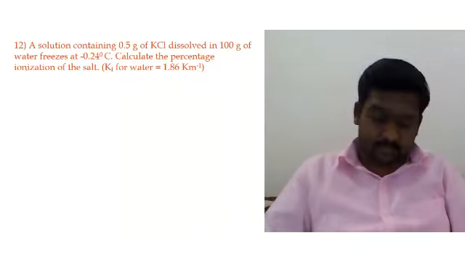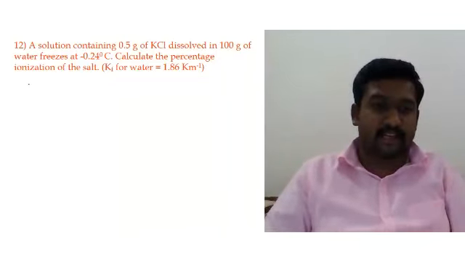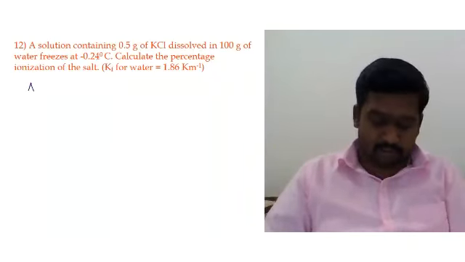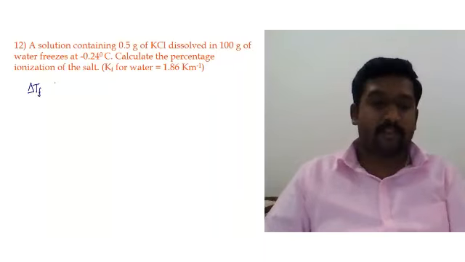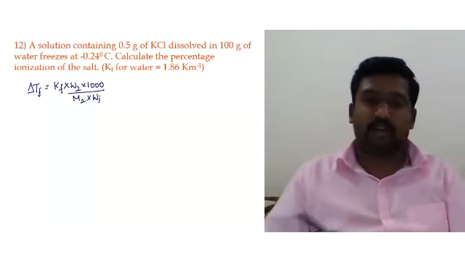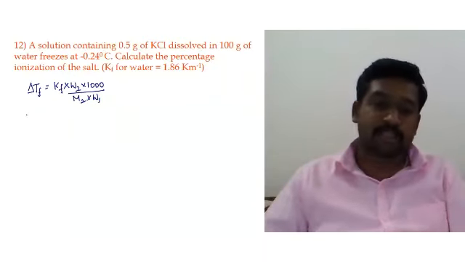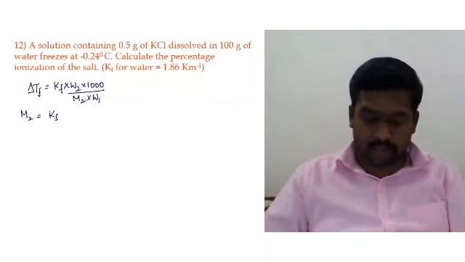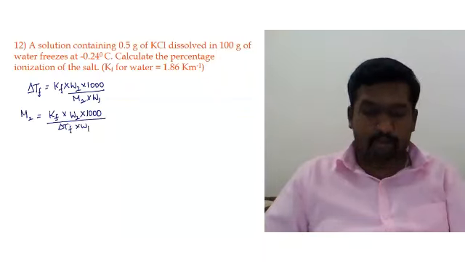Now let's see. It is given the solution is containing 0.5 gram. The freezing point is given, so I'll write directly the expression for depression of freezing point, that is delta Tf equals Kf into W2 into 1000 by M2 into W1. As I said, we will first find out the molar mass. So M2 is equal to Kf into W2 into 1000 by delta Tf into W1.